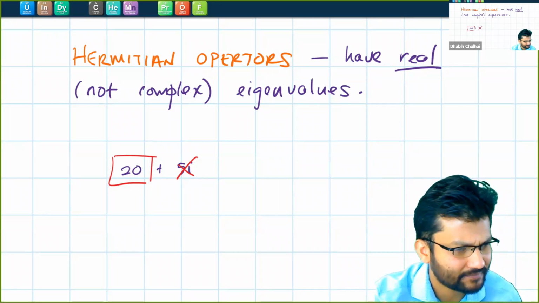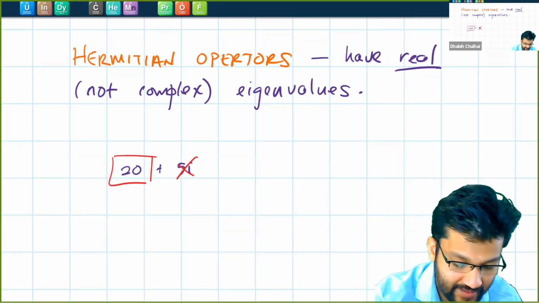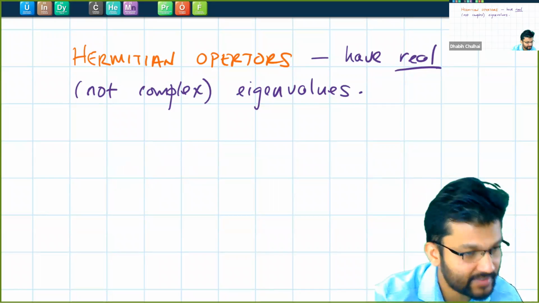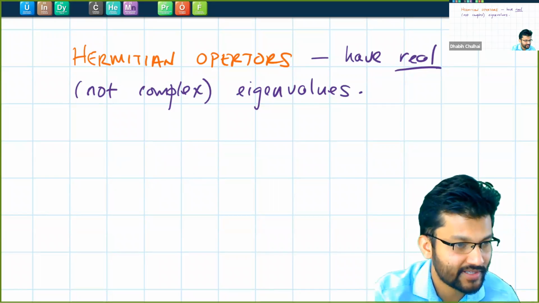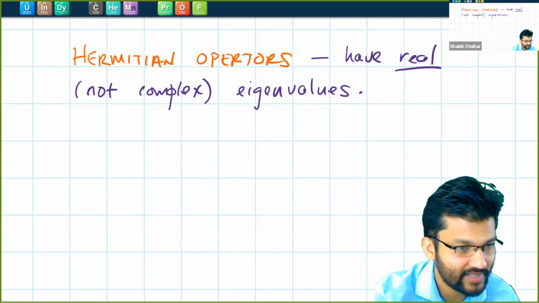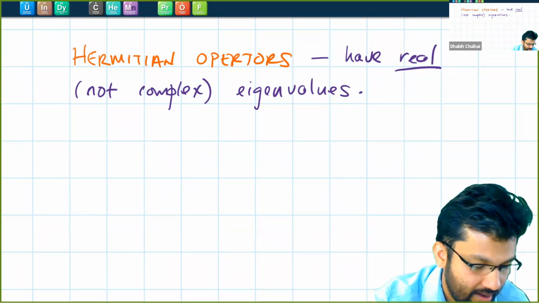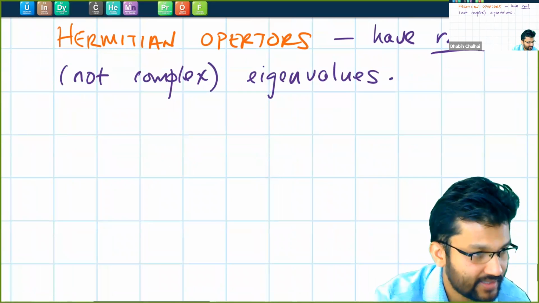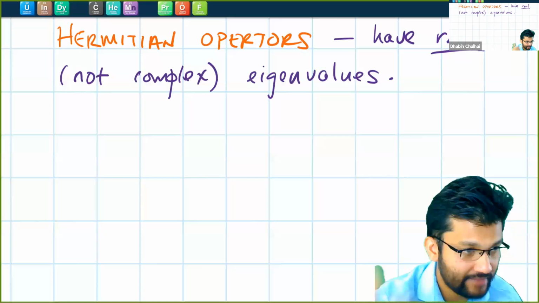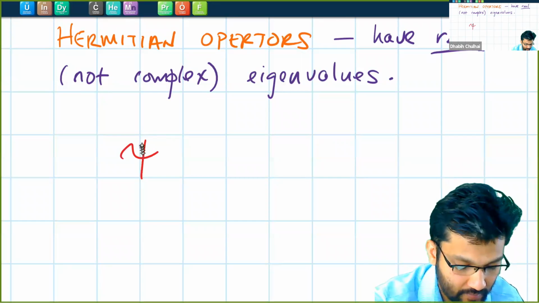Make sense? We just have to define these things because there's going to be some mathematician out there who says, well, why don't you use this operator? And we say, no, we need a real answer, not an imaginary answer. Okay, any questions on that? So we have a wave function psi, right?